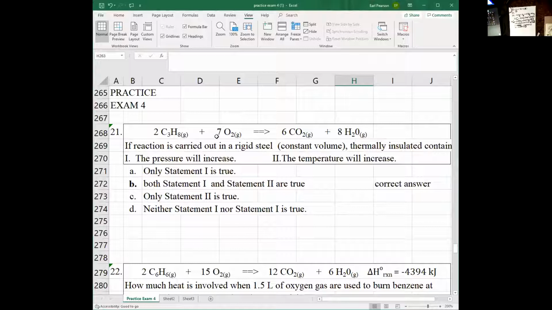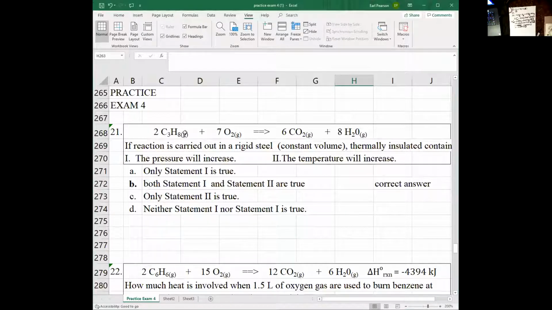If this reaction is carried out in a rigid, constant volume container, and it's thermally insulated so that heat can't get out, then what would happen to the pressure? Would it go up or down? Well, let's look at this. One of the answers says the pressure would increase. Well, would it or not?